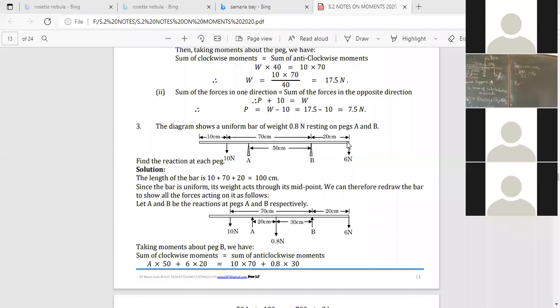Now, what do we apply? Sum of forces in one direction is equal to sum of forces acting in the opposite direction. Good.